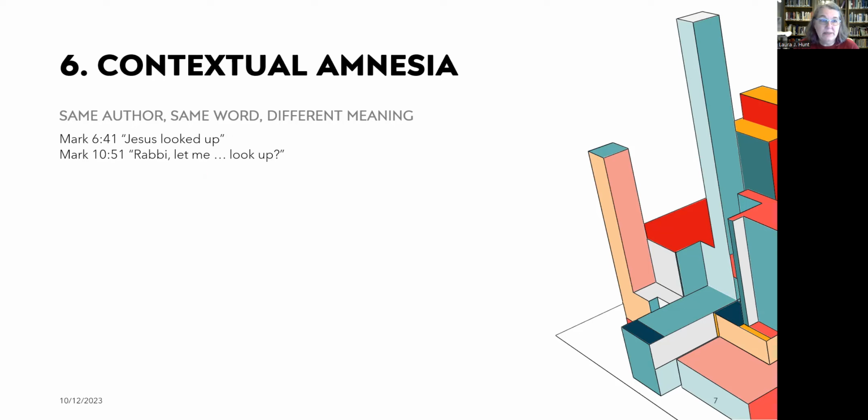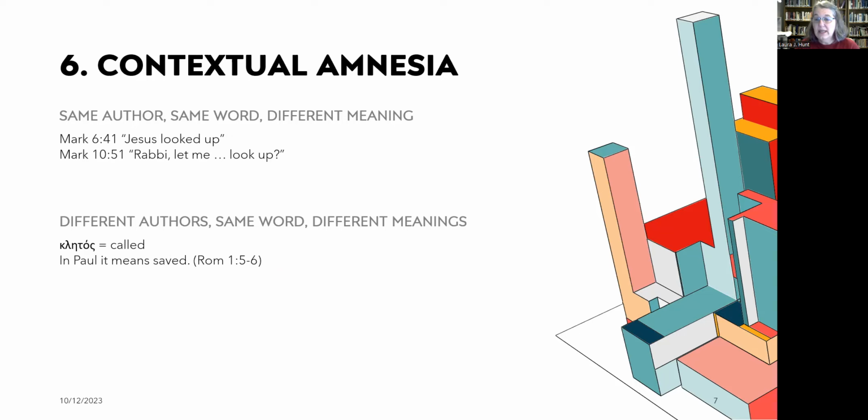Another way contextual amnesia shows up is that different authors can use the same word with different meanings. So the word kletos means to be called, but when Paul uses it, he means if you're called, you're also saved.